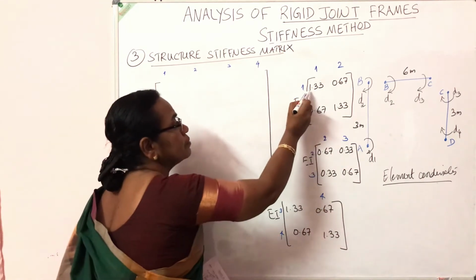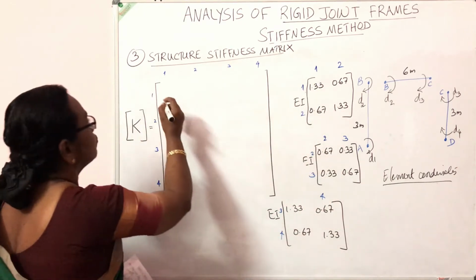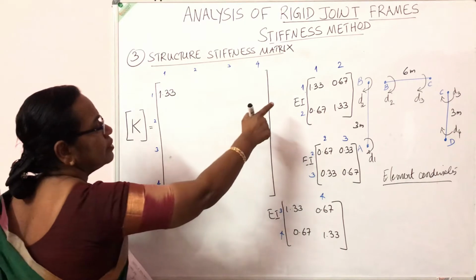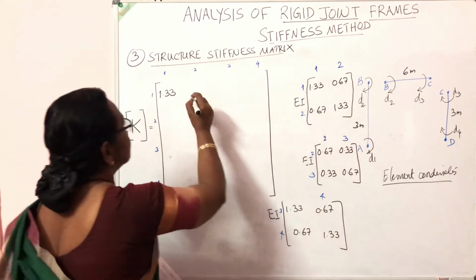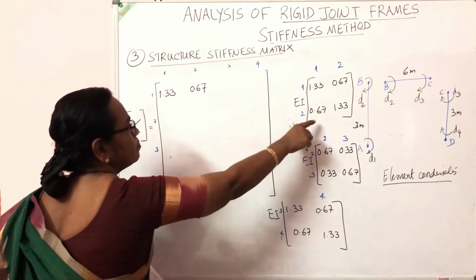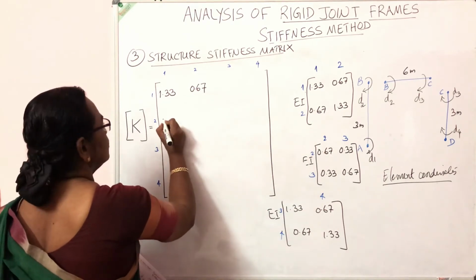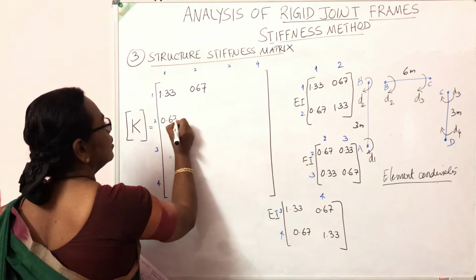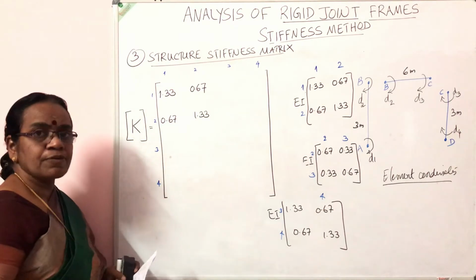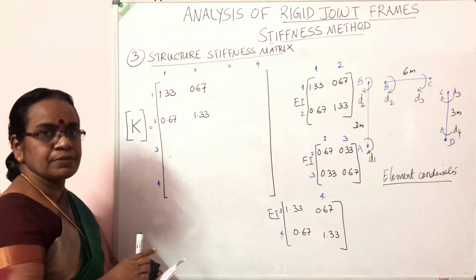The first element is in location 1, 1, so in location 1, 1 it is 1.33. Next, location 1, 2 is 0.67. Then below that, location 2, 1 is 0.67 and 1.33. So I have posted the elements from the first element stiffness matrix.